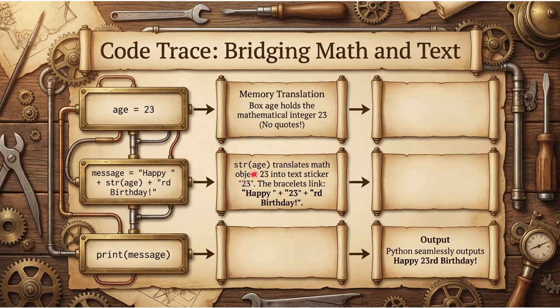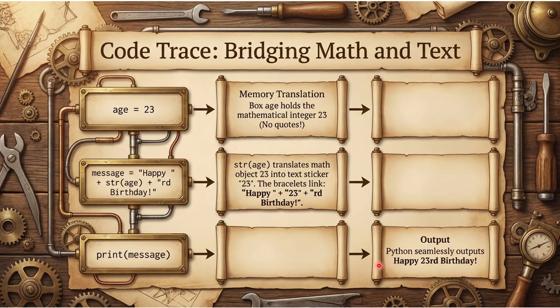String of age translates the math object 23 into text ticker 23, which is now stored as text. The brackets link, so happy plus 23 as text, plus rd, plus birthday, and then if you print message, you will get this.